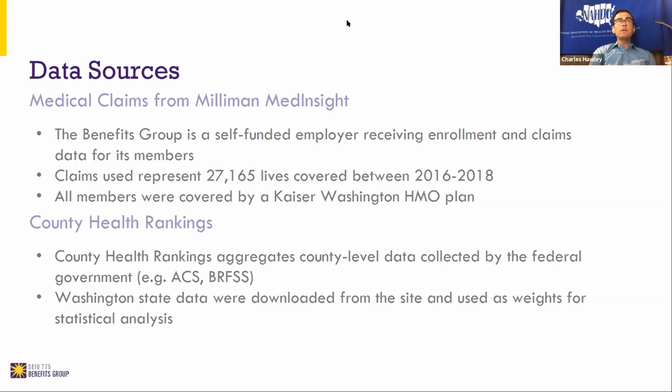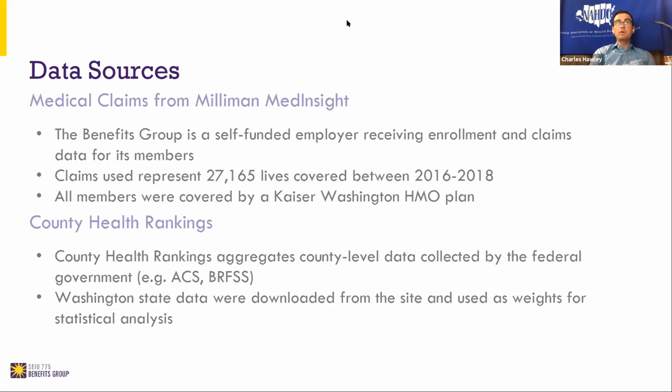And on the other side of this, we pulled some data out of County Health Rankings. County Health Rankings is a website that is administered by the University of Wisconsin and Robert Wood Johnson Foundation. They aggregate at the county level social determinants metrics collected via surveys administered by state and federal government.